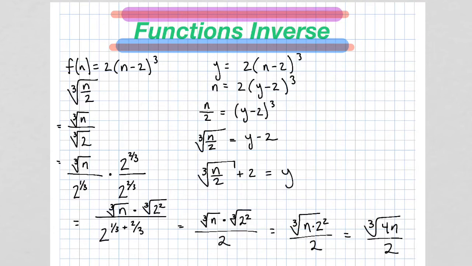Okay, so I did all that to change this. Remember, we're doing our inverse. We got to this point, and I wanted to change this, because when I write this out, it looks something like this. I have a root sign in the denominator.